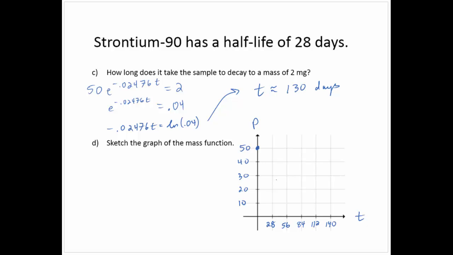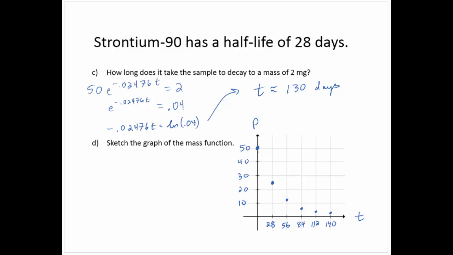And so then I would have exactly half after 28 days, so that's 25, and then 12.5, and then 6.25, and then a little bit more than 3, a little bit more than 1.5, and we see an exponential curve.